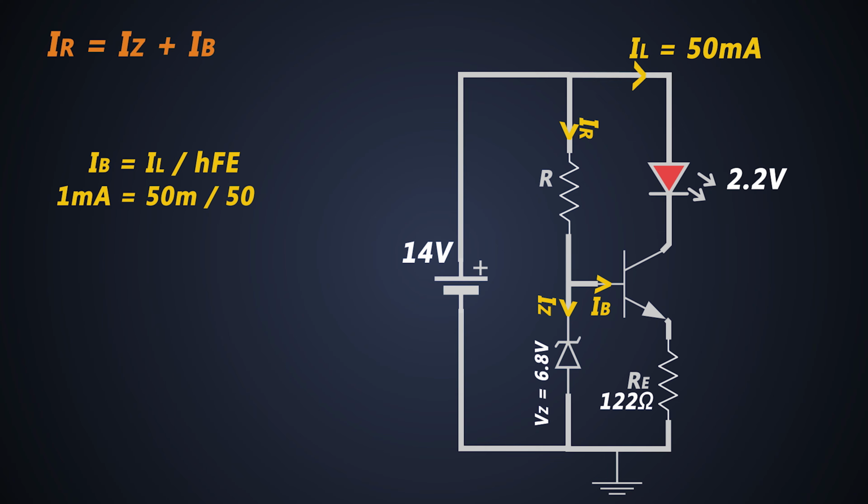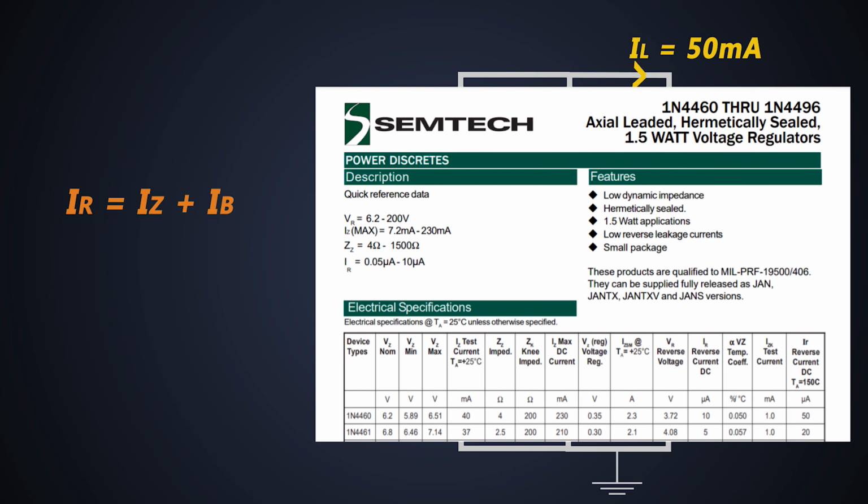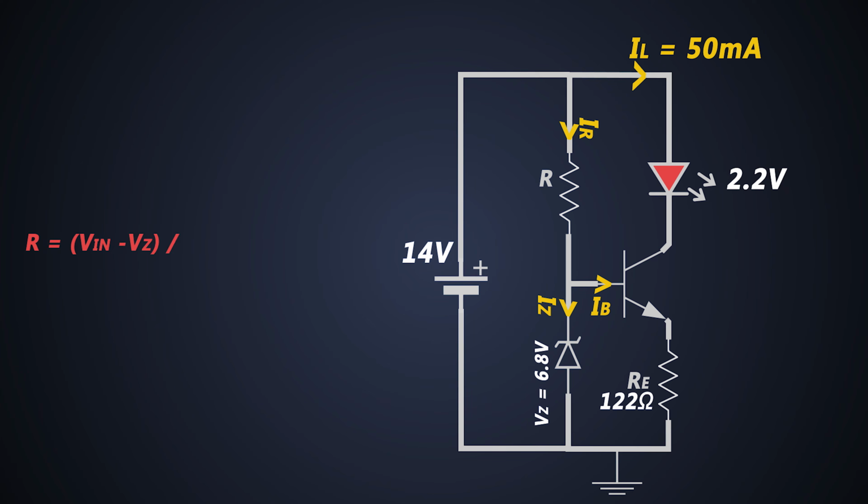The base current of this transistor will be around 1 milliampere, and Zener current required to this Zener diode will be around 10 milliamperes, which we can check in the datasheet of the Zener diode. So the current flowing through this resistor will be around 11 milliamperes. So the value of this resistance will be calculated by this formula. So the R will be equal to around 655 ohms.